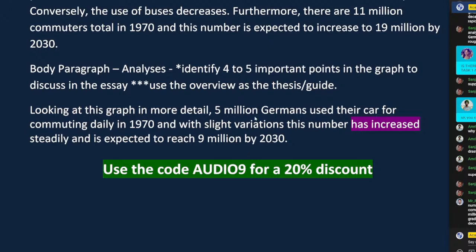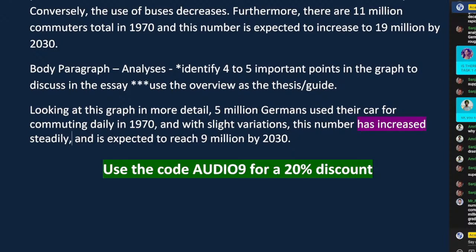So looking at this graph in more detail, 5 million Germans used their car for commuting daily in 1970, and with slight variations, that's an additive clause, so I want commas around it, and with slight variations, this number has increased steadily and is expected to reach 9 million by 2030. Okay, you can put a comma there, maybe not necessary.